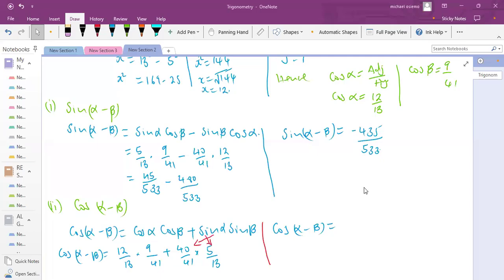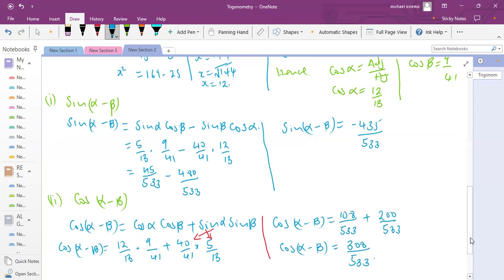If you take 12/13 times 9/41, you'll get 108/533, and then plus, if you multiply 40 over 41 times 5 over 13, you'll get 200 over 533. And so therefore, cos(alpha minus beta) is, if you compute the sum of these two fractions, 308 over 533.